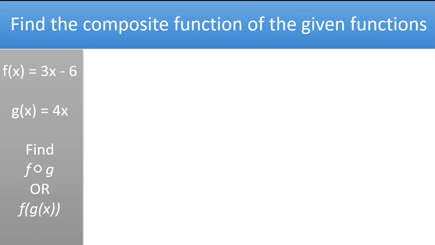So I'm going to begin with the f function, and in place of x, I'm going to throw the g of x function in here. What is the g of x function? It is 4x.